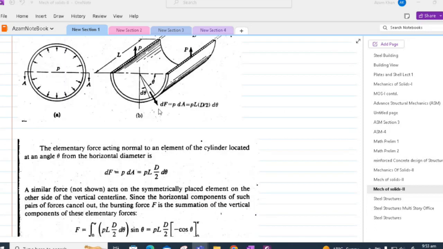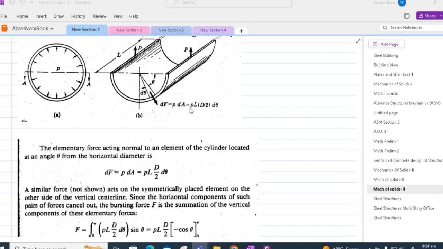From our elementary knowledge, we can say that within a small differential area, the force dF will be equal to the pressure p times dA, where dA is the area of the element of the cylinder located at an angle theta from the horizontal diameter.